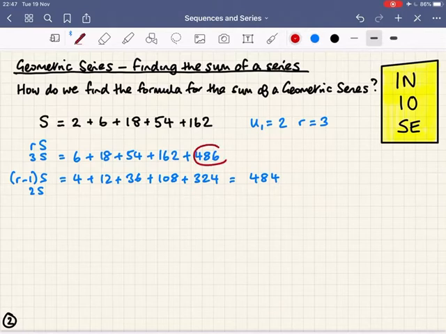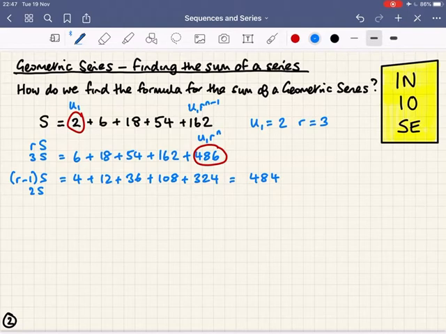It's this 486 from the end of this particular series, subtract 2 from the beginning of this. So what do those relate to? Well, remember this term here is U1, and this term here is derived by U1 r to the n minus 1. So this term here must have been U1 times r to the n, because we've multiplied 162 by 3 again.